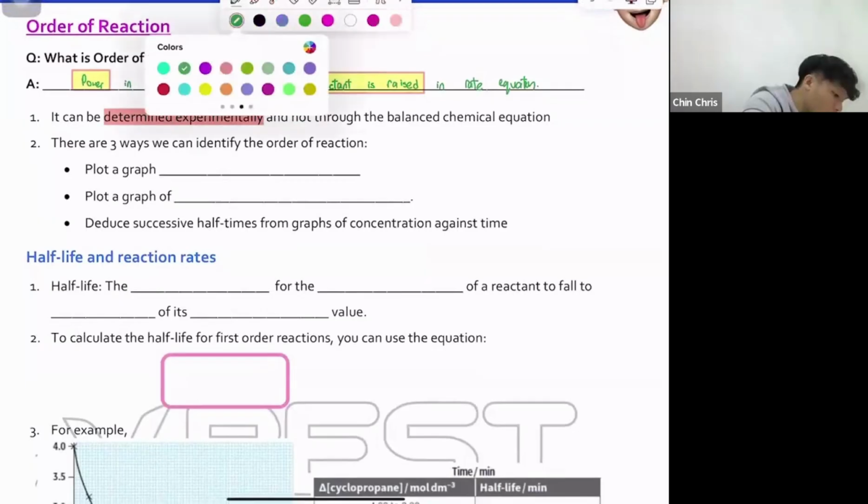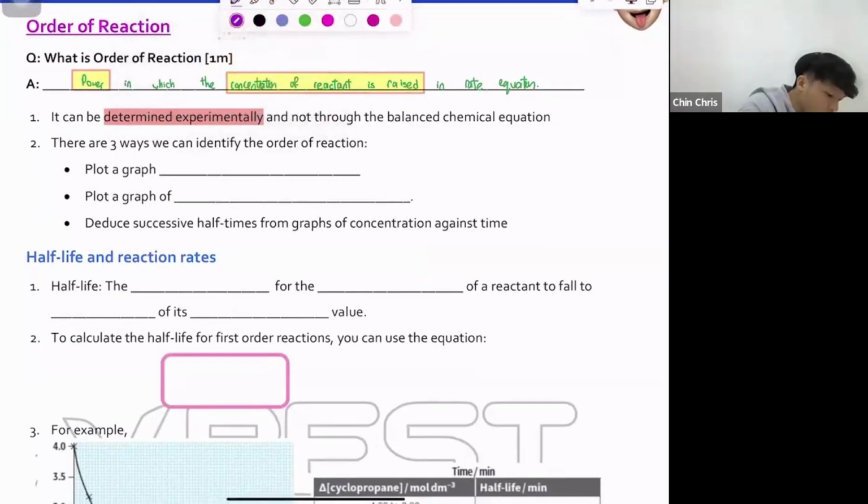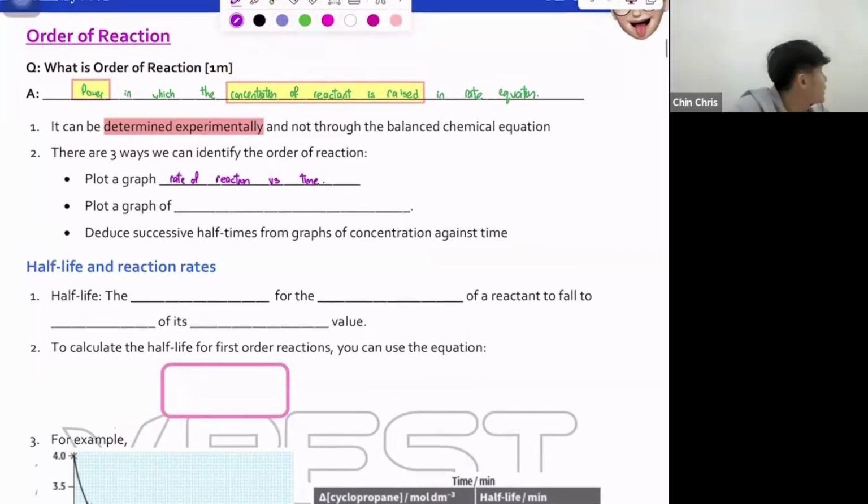So what are the ways we can identify the order? We can plot the rate of reaction versus time, or the concentration of a reactant versus time.